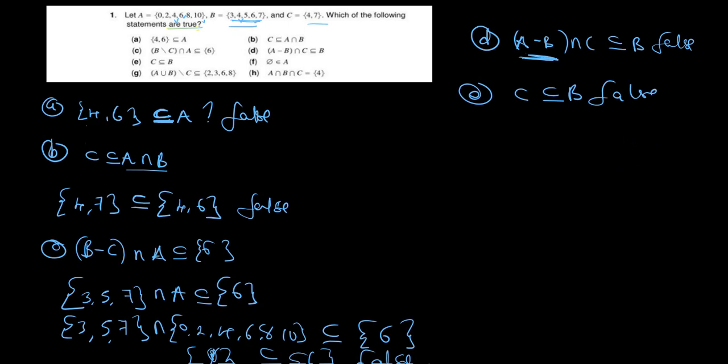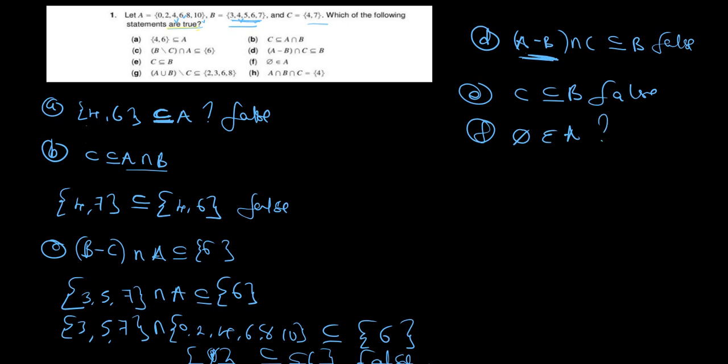So now let's go to F. F is giving the condition to say, is an empty set a member of A? Is that true? An empty set, is it a member of A?